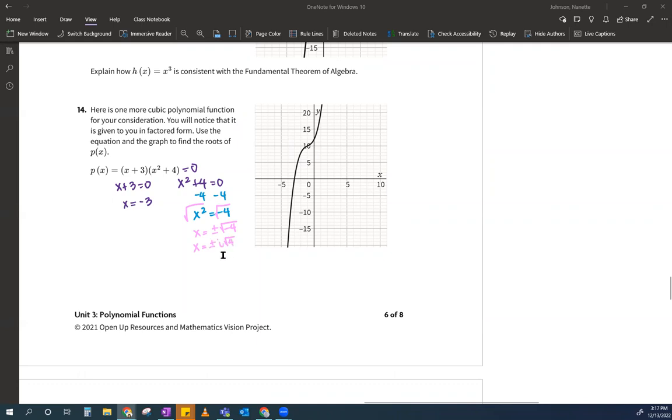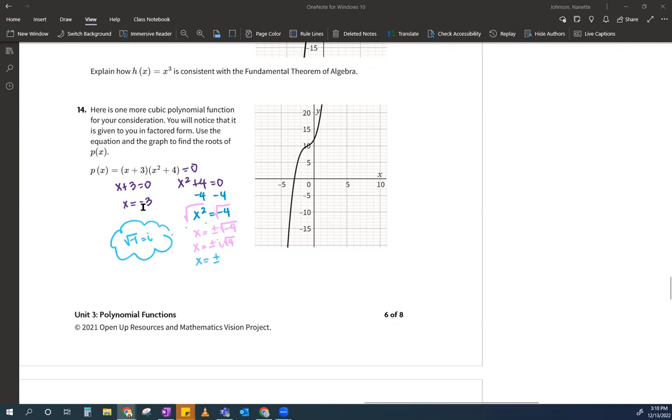Does that make sense? So in my little thinking bubble, the square root of -1 equals i. Then I need to simplify the square root of 4. And what is the square root of 4? Very good. It's 2. So our other roots are plus or minus 2i.